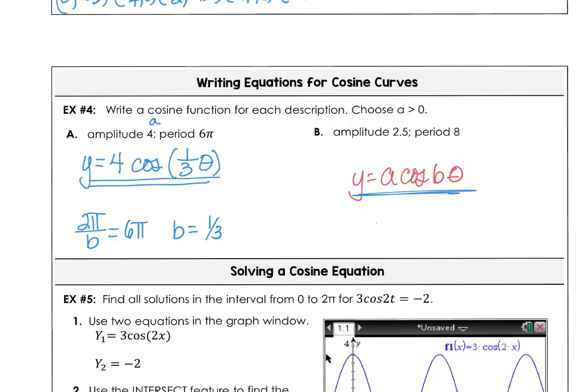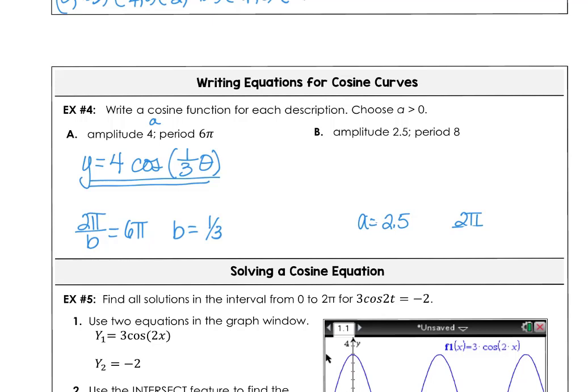For part B, same model, amplitude A is 2.5. So if A is 2.5, and the period 2 pi over B is going to be equal to 8, then B is going to be 2 pi over 8, which is pi over 4.